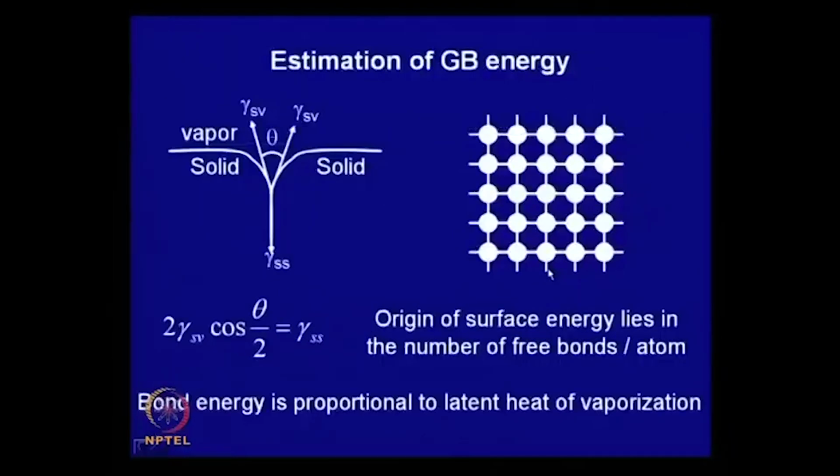Now, how do you estimate the grain boundary energy? The grain boundary has an energy, but is it possible to estimate it? Yes, it is. One of the simplest ways is to take a polished material with a mirror finish and heat it in vacuum. What happens?